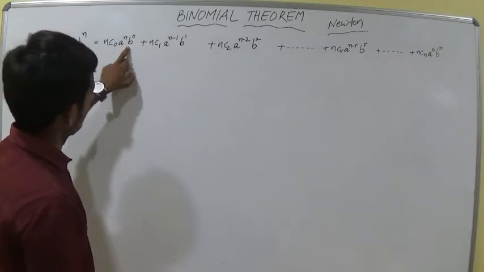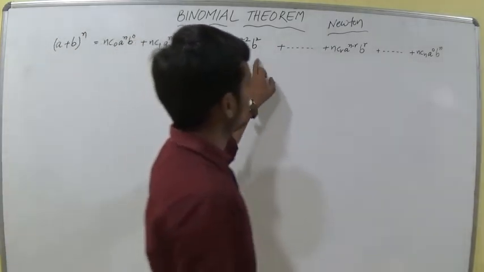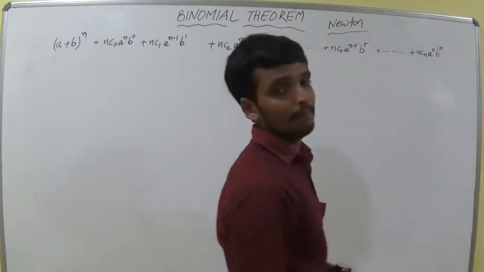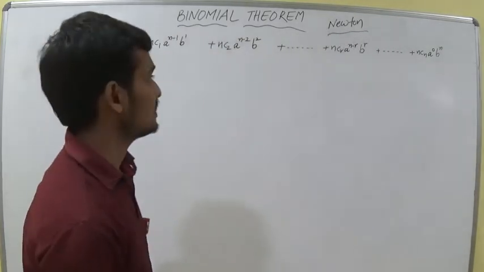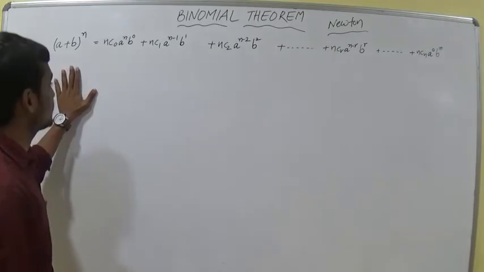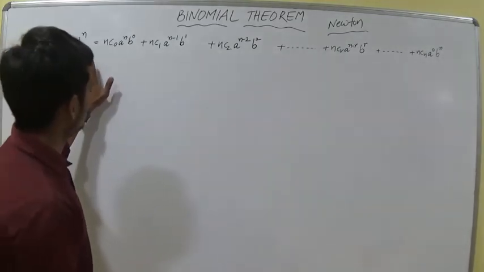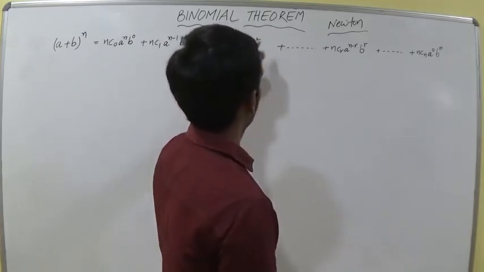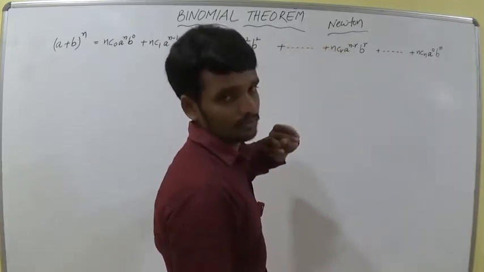Here b0, b1, b2, b3, b power r and b power n. This is the binomial theorem, introduced by Isaac Newton.